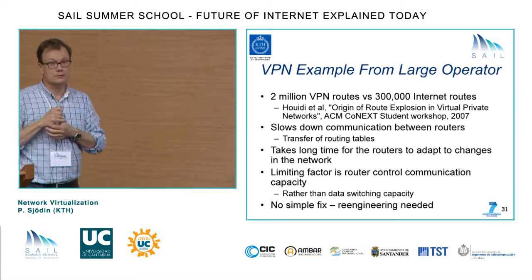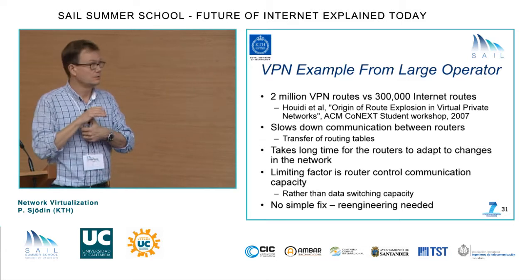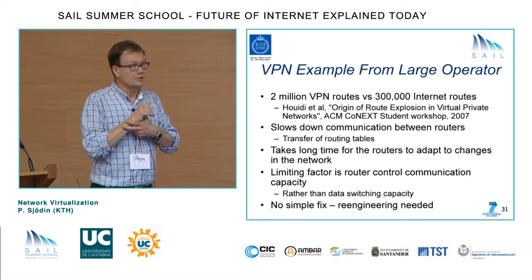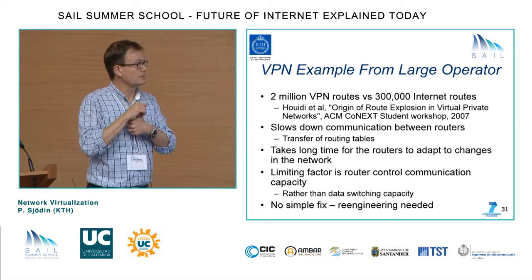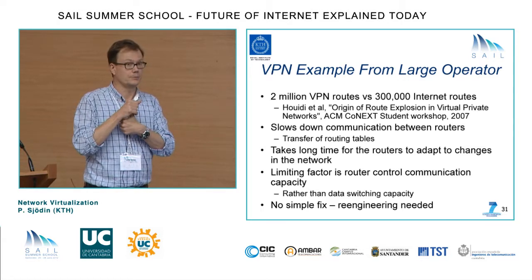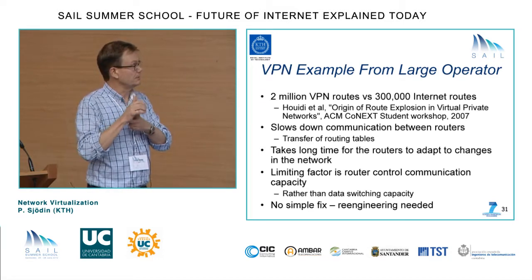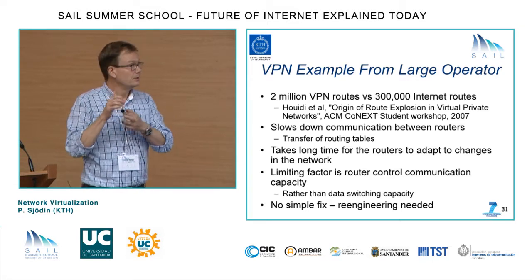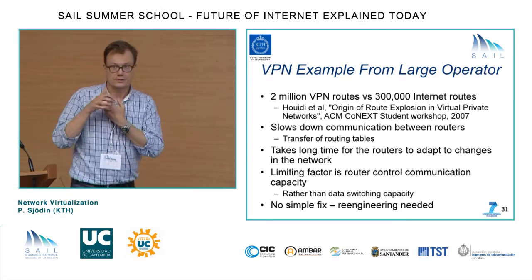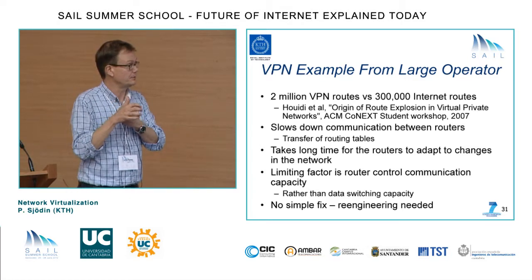And it turns out the result of this is that the limiting factor for performance or capacity in this network is really the capacity for communication of router control information. So it's not the data traffic in itself that is the problem. It's not the data switching capacity. It's the capacity for sending these large routing tables back and forth between the routers.